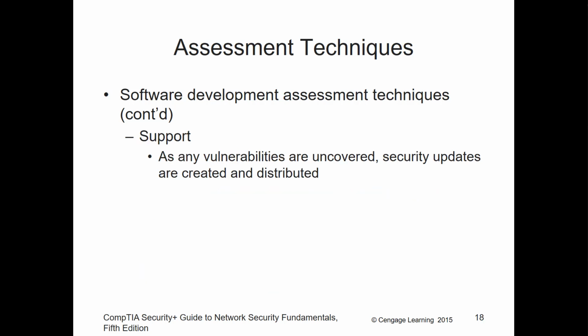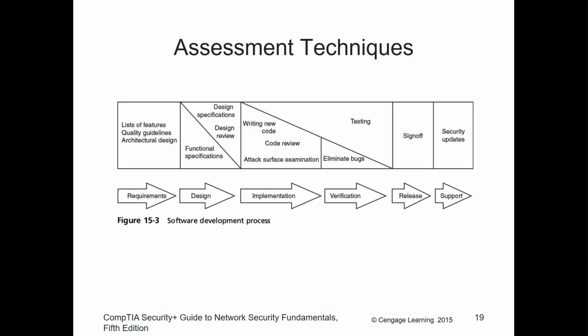There should be support for the software if vulnerabilities are found, or if a risk associated with the software is found, or just general updates for the software. There should be support. Here is a graphical representation of our SDLC. Requirements, design, implementation, verification / quality assurance, release, and then any type of continual support to make it better.